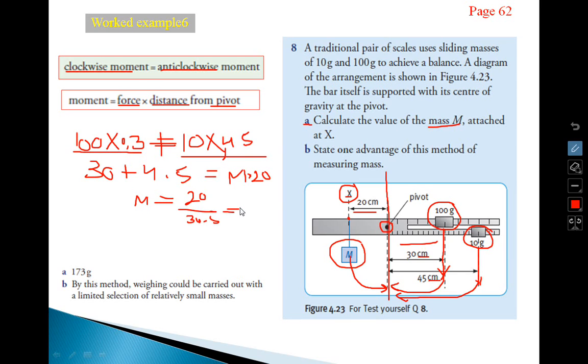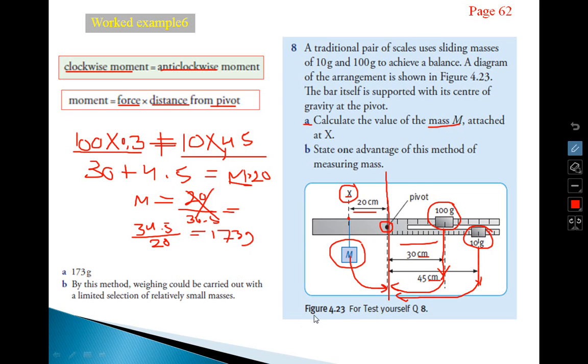Is equal to what? M is equal, sorry, no, it's wrong. M is equal to 34.5 over 20, which is approximately 173 gram.